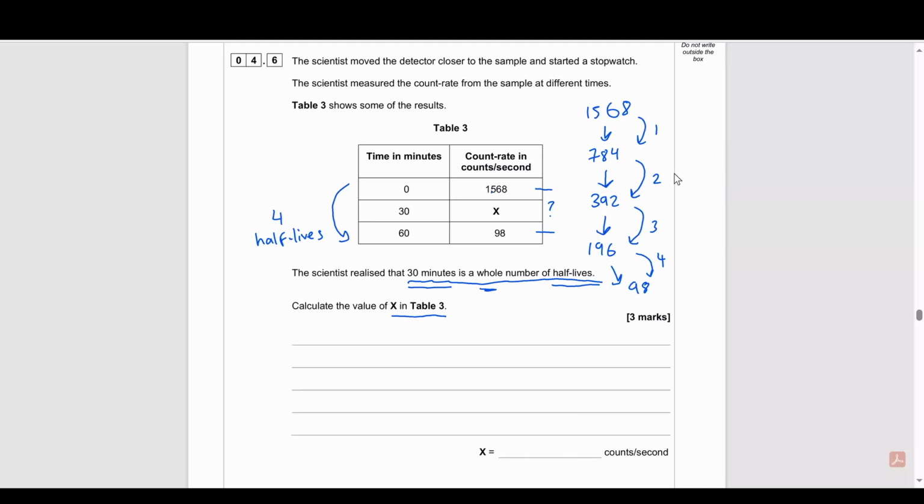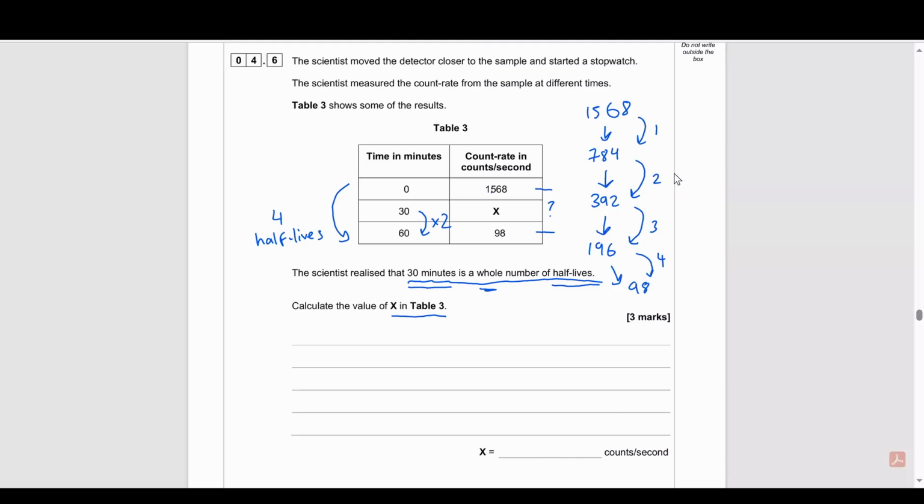So 60 minutes is 4 half-lives. So if we think now from 30 to 60, that's just multiplying by 2. That would mean then that 2 half-lives would have passed to get from 30 to 60.